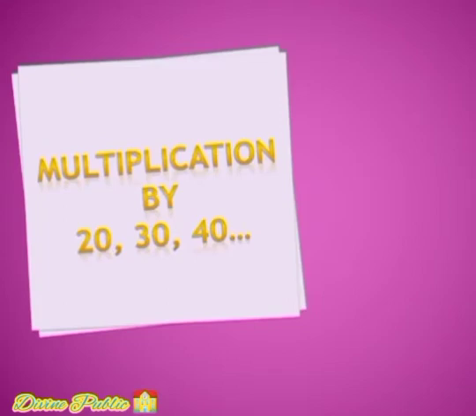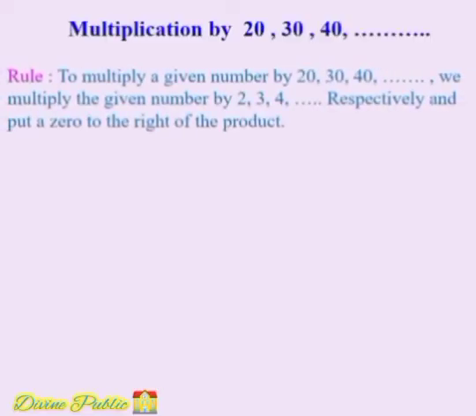Multiplication by 20, 30, 40 and so on. To multiply a given number by 20, 30, 40 and so on, we multiply the given number by 2, 3, 4 and so on respectively and put a zero to the right of the product.